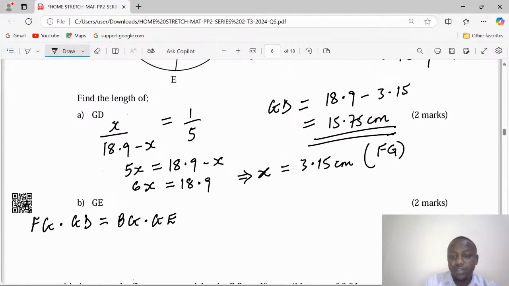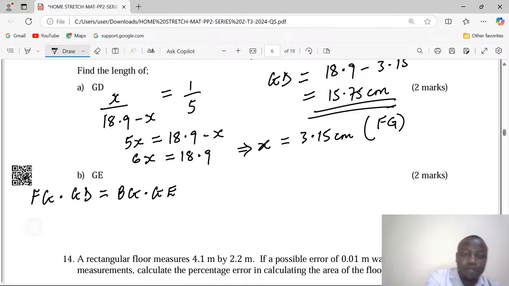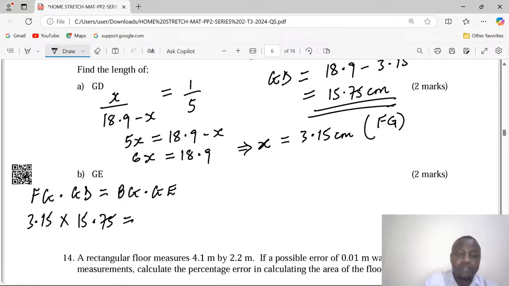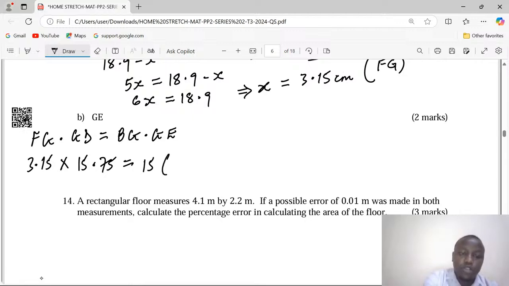FG equals 3.15. GD equals 15.75. This is equivalent to BG. BG is 15, multiplied by the unknown GE.